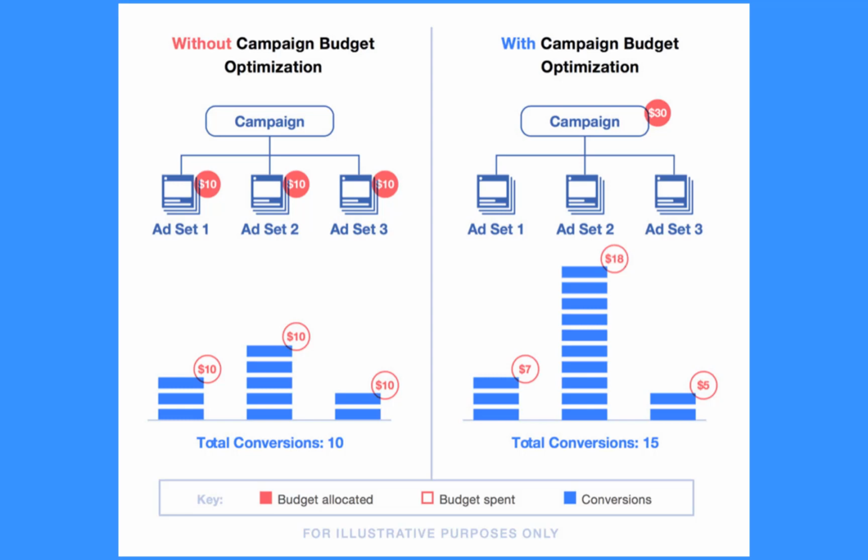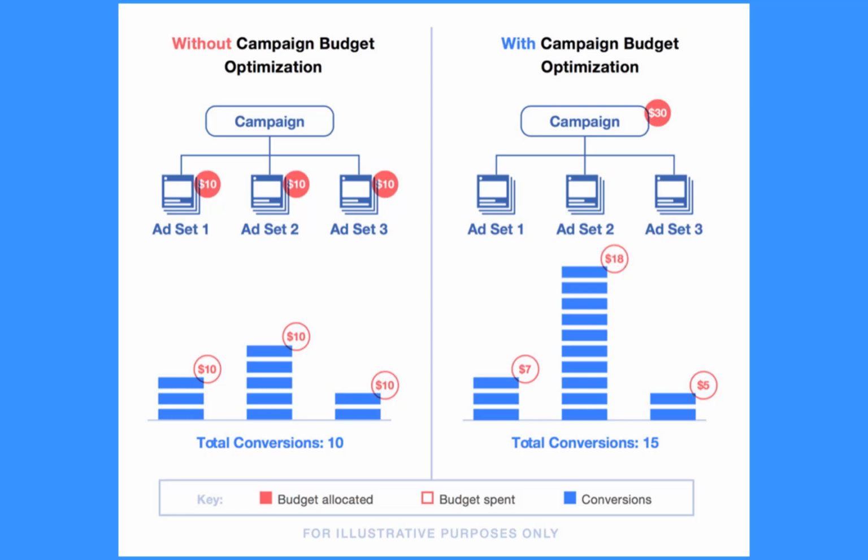If you look at this diagram, you see ad set 2 is performing well. Can you see here? It is spending $18. Ad set 2, because it is performing well, so Facebook will give it more budget. Can you see ad set 3? It spent just $5 to get a conversion.